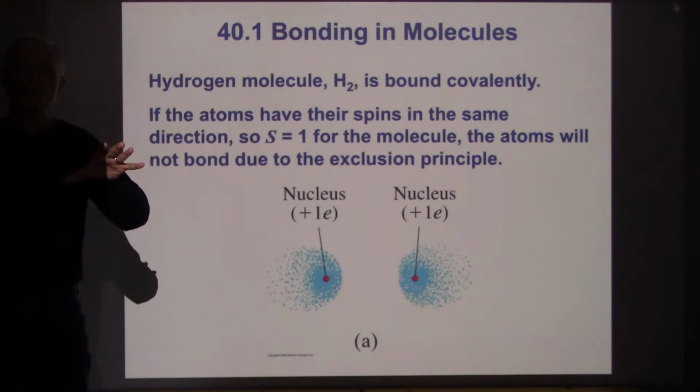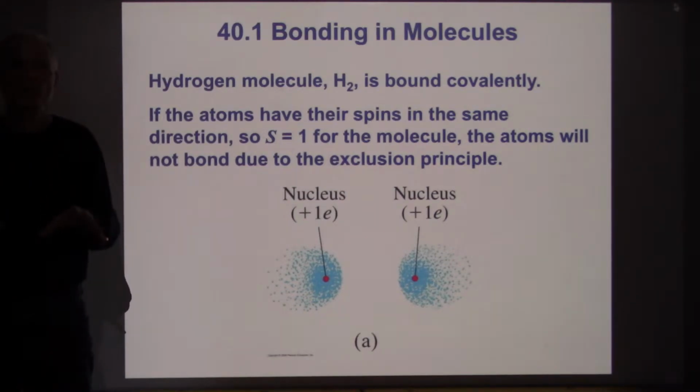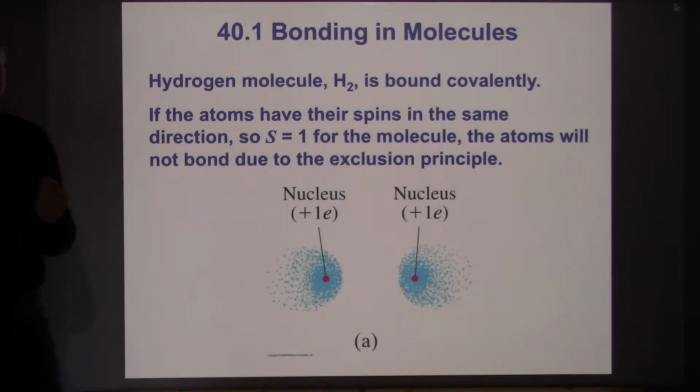Being able to take those available electrons to form a new sort of electron distribution that draws the two nuclei together.